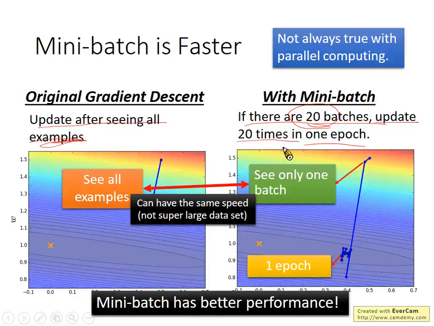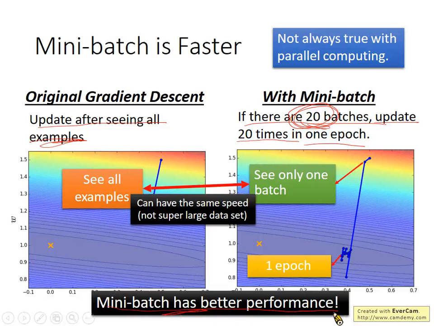If we update more frequently, and at each update we see just a small subset of the data points, we can quickly calculate the loss function and quickly update. We can make our network more flexible, more active, more aggressive to change the parameters. So mini batch usually has better performance.